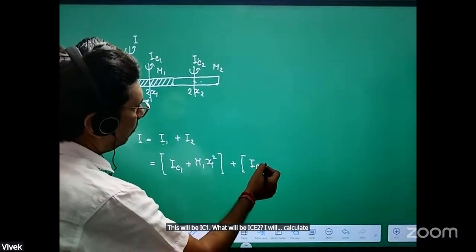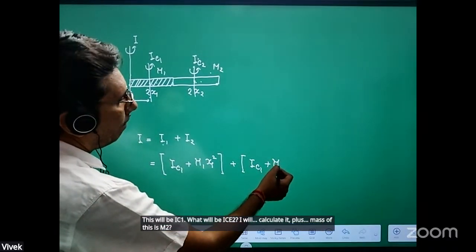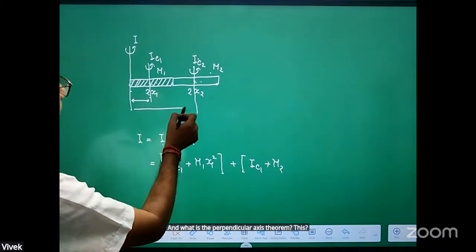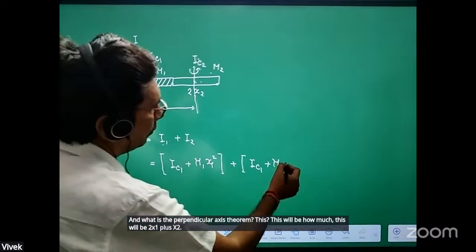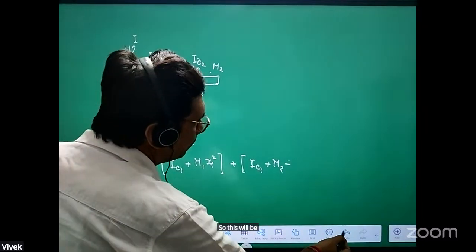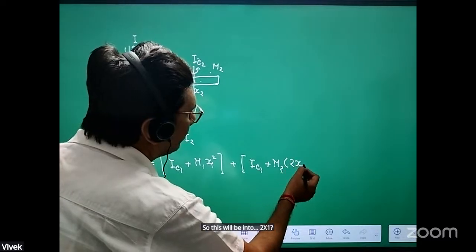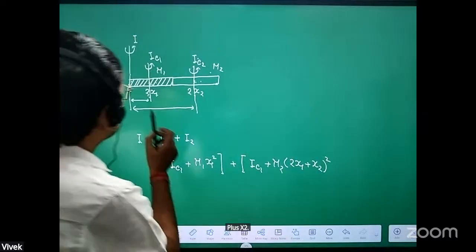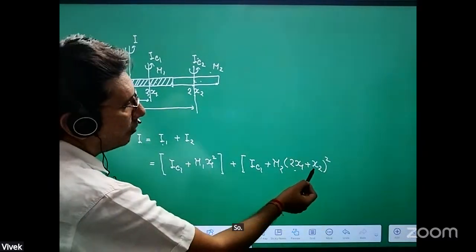Plus the mass of this is M2, and by the parallel axis theorem, the distance will be 2x1 plus x2. So this will be into 2x1 plus x2 whole square. This is 2x1 from here to here, and this is x2. So 2x1 plus x2 whole square.